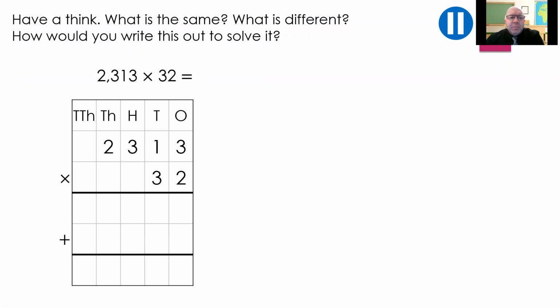So just because the numbers are that bit bigger should not scare us. As long as we're keeping ourselves organized, and I'm going to say this again, I'm going to sound like a broken record, but it is really, really important that we keep our columns lined up, that we present our work neatly, because now the questions are getting bigger and bigger.